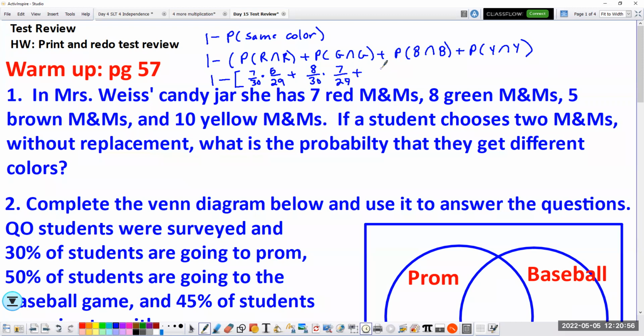Blue's the best M&M color. So we've got 5 browns, so 5 out of 30. Pick the first brown and then pick the second brown. Pick the first yellow, 10 yellows, 10 out of 30 times 9 out of 29, sorry, we ate the first one.